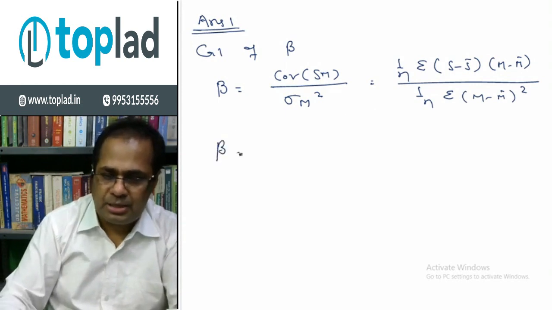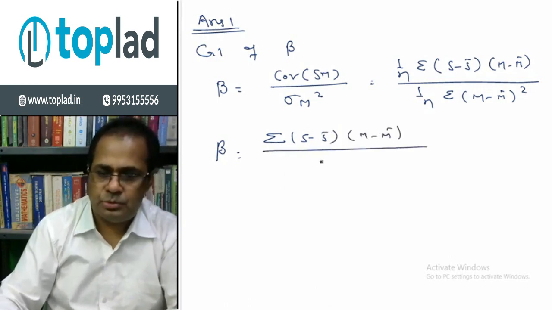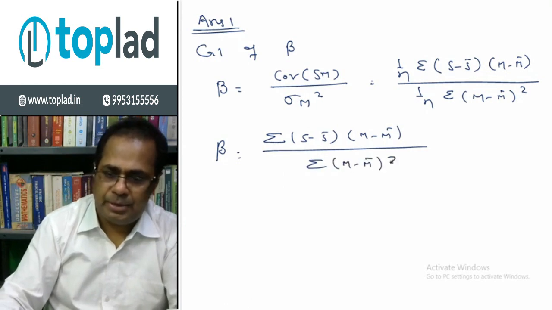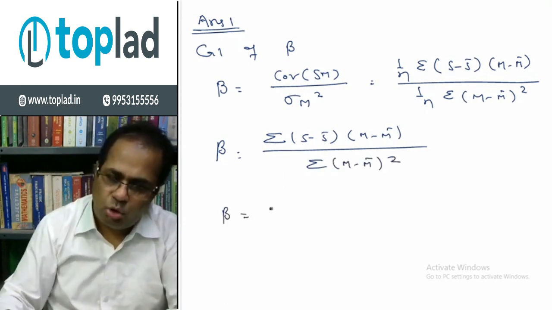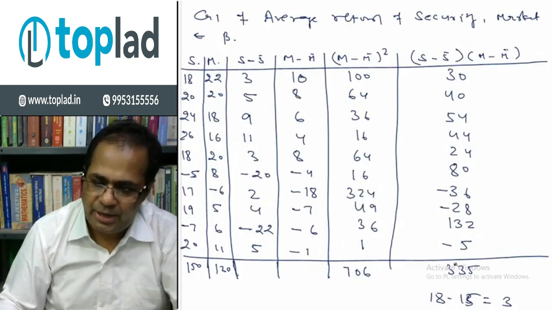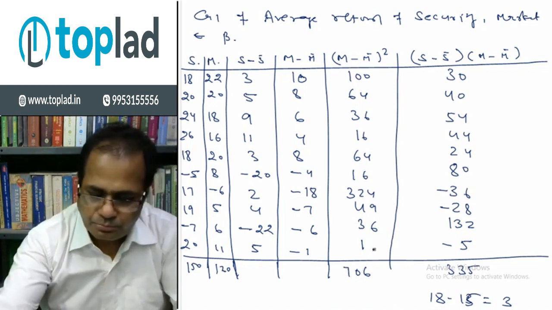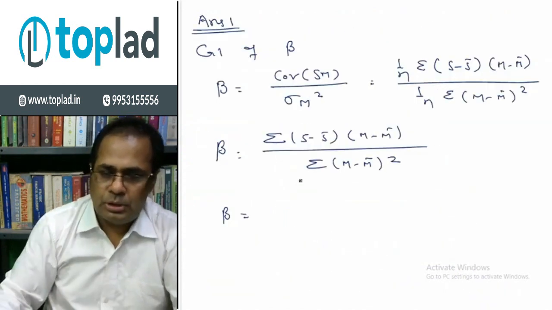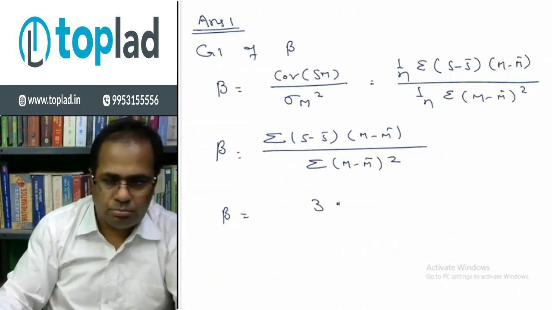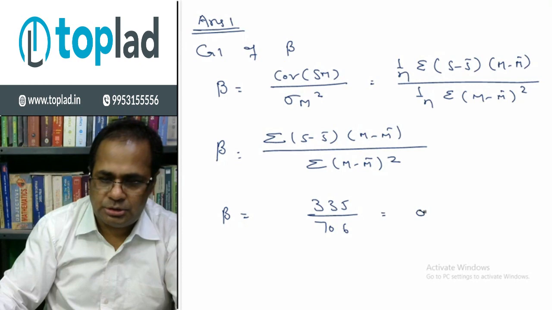The beta ultimately is summation s minus s bar m minus m bar divided by summation m minus m bar whole square. This is already calculated: s minus s bar m minus m bar is 335, and this is 706. 335 divided by 706 is 0.4745.